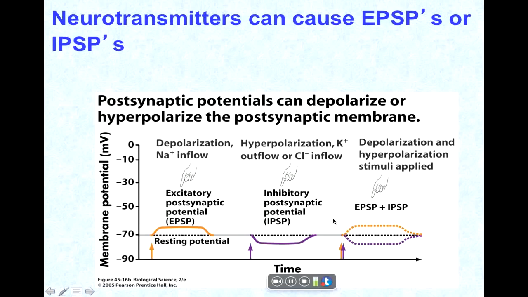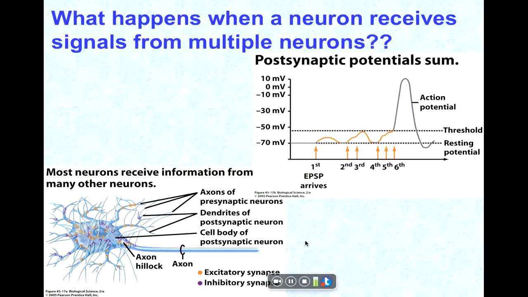Or neurotransmitters can cause inhibitory postsynaptic potentials, IPSPs. This is a situation where a neurotransmitter tends to polarize a postsynaptic cell even further, bringing its membrane potential even more negative than where you began. So, in essence, we can have these two different types of signals being sent to postsynaptic cells.